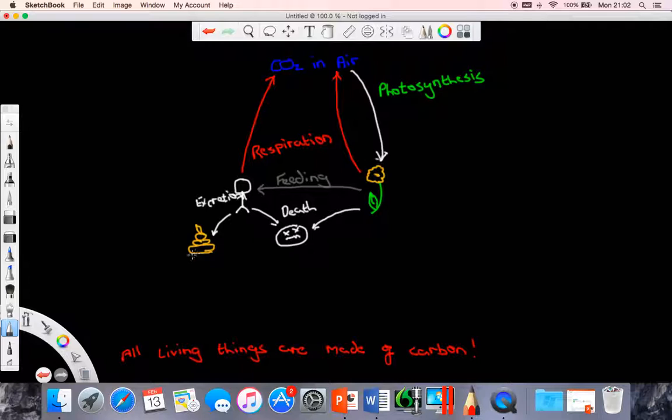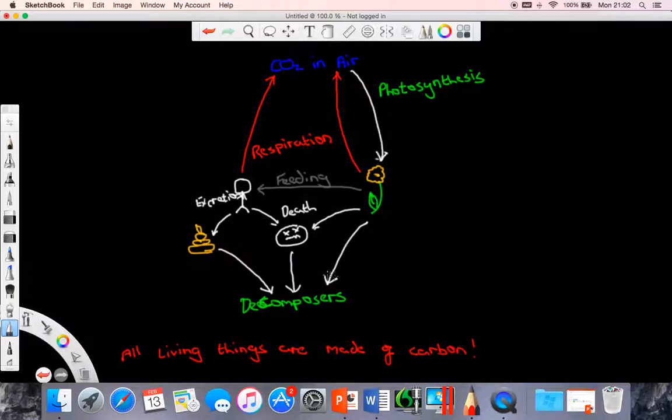The carbon that is inside this poo has to be released some way. And it's through organisms known as decomposers that the carbon trapped in these animals is released, and the carbon that is trapped in the poo is also released.